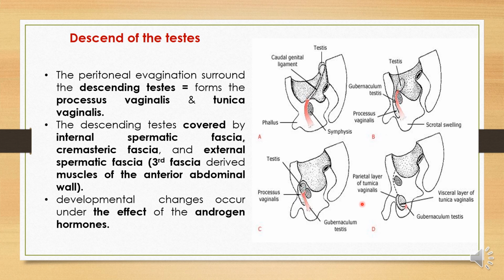These three fascial layers are derived from the muscles of the anterior abdominal wall. And these developmental changes occur under the effect of the androgen hormones.